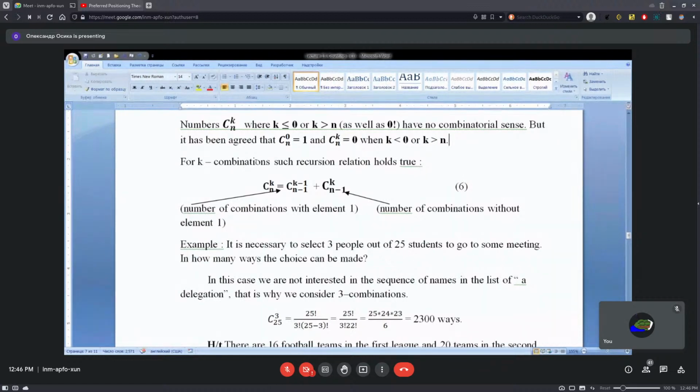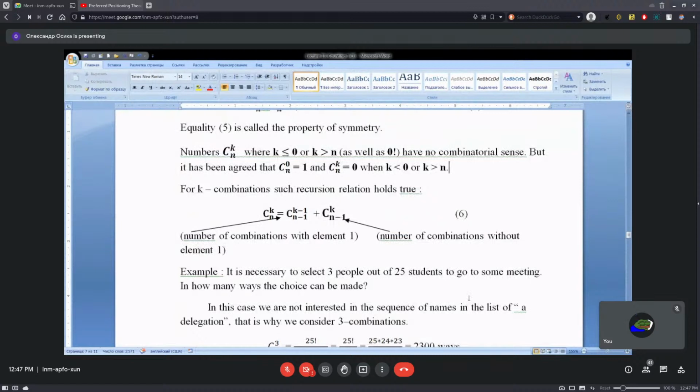For k combinations, such recursion relations hold true: n choose k, or C sub n high k, equals C sub n minus 1 high k minus 1 plus C sub n minus 1 high k.